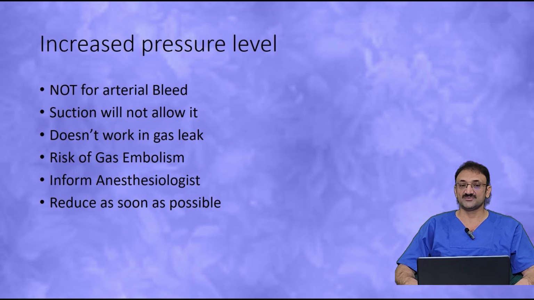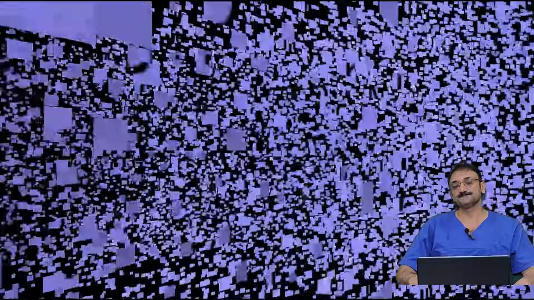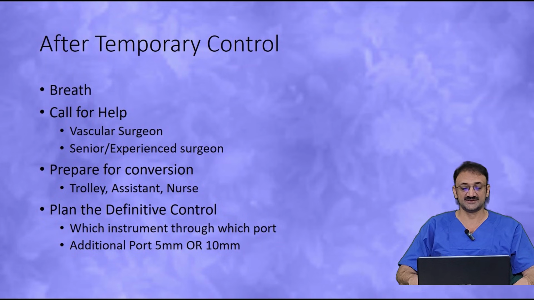So you must inform the anesthetist that I'm going to increase the gas from 12 to 18 or 12 to 20. So this increases the risk of gas embolism by 4-fold. So the anesthetist must be informed. And another important thing is the hypothermia. So that must be kept in mind.